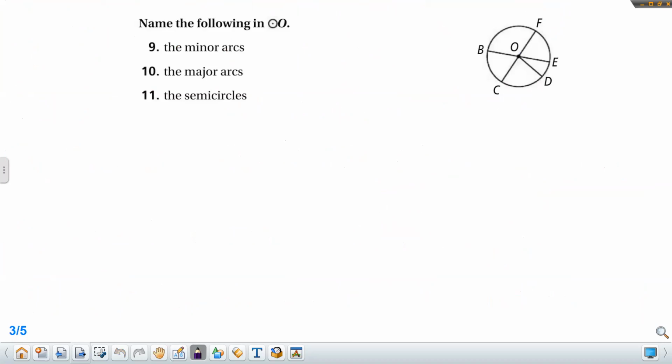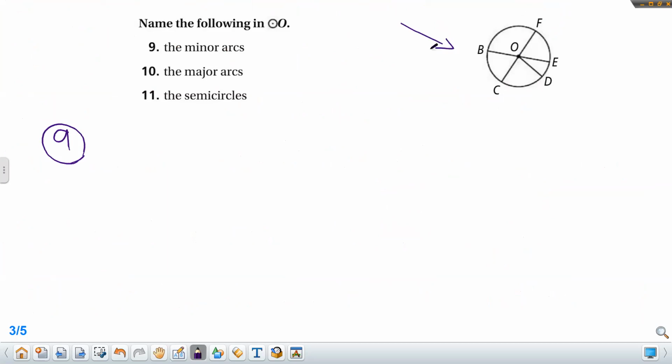In this question, name the following in the circle O. Number 9. We need to find some examples for minor arcs. In this figure you have many examples of minor arcs.